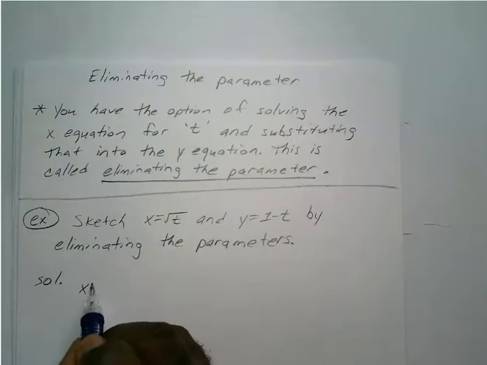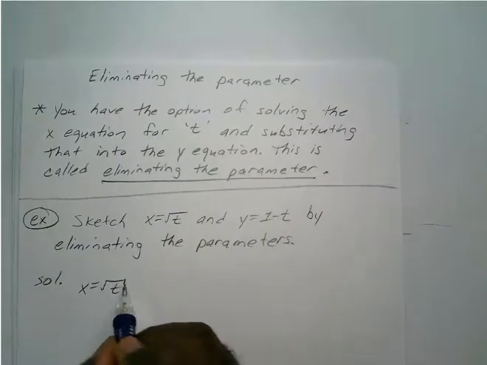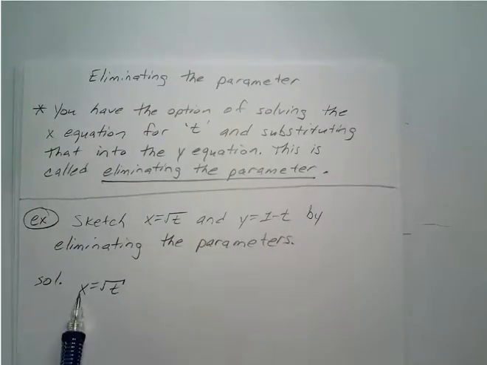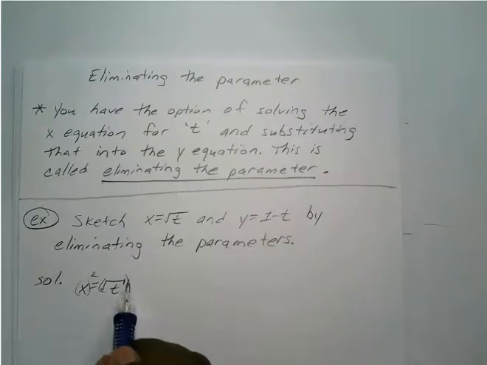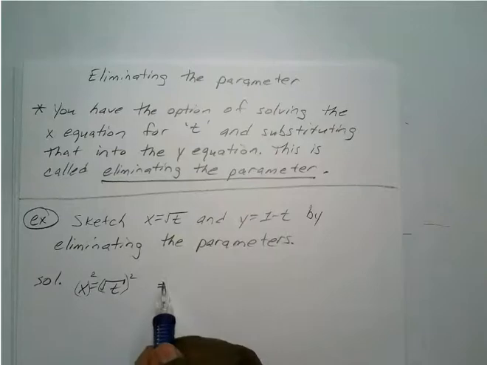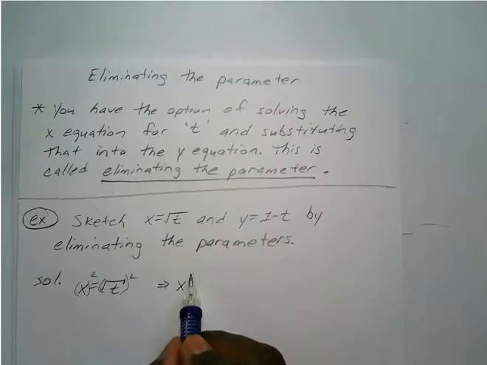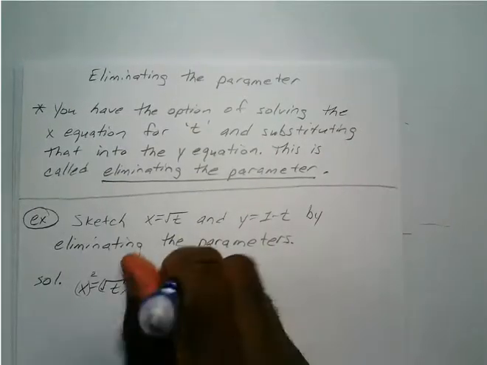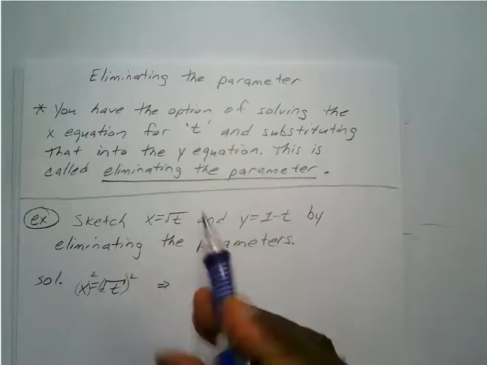So we have x equals square root t. If we square both sides, we end up with x squared equals t, or t equals x squared. I just figured I'd flip that around.